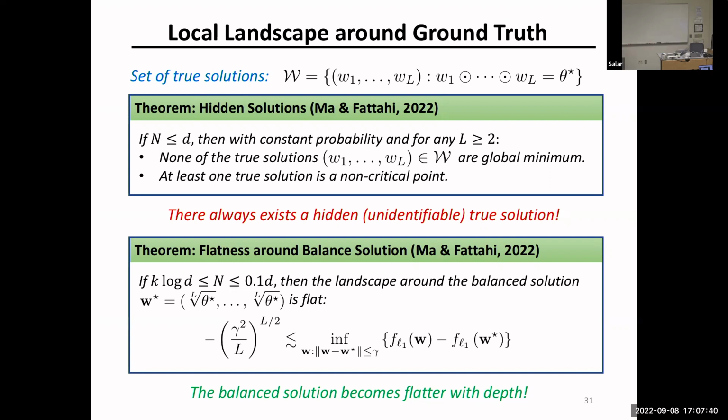The extension, we claim in the paper that it is easy. I think it is easy. The idea is you're going to get exponentially many, because you can consider plus and minus signs.